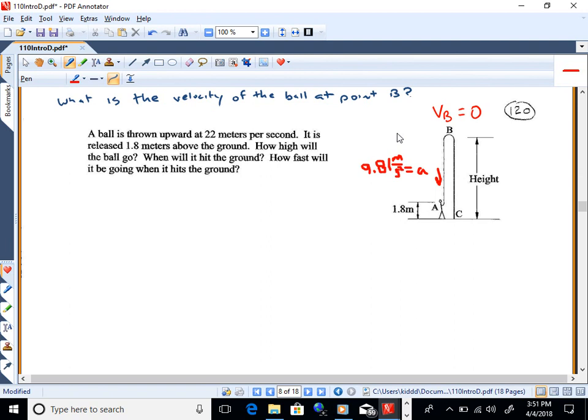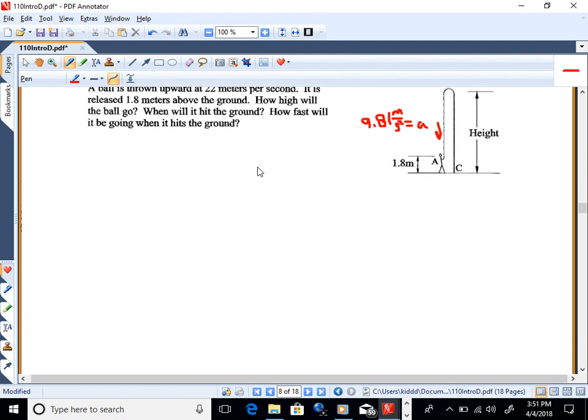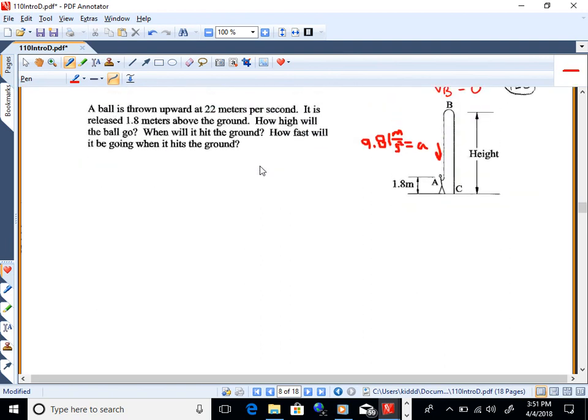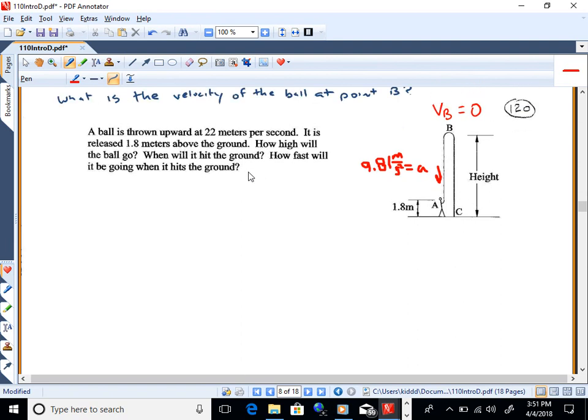And that's always down. All right. So if we want to know how high it'll go, we're going to have to look at some things. Now, first off, is that constant acceleration or variable? That's constant, right? Because that ain't going to change. You always have the acceleration due to gravity, and it's going to be down. It's going to be a constant acceleration.